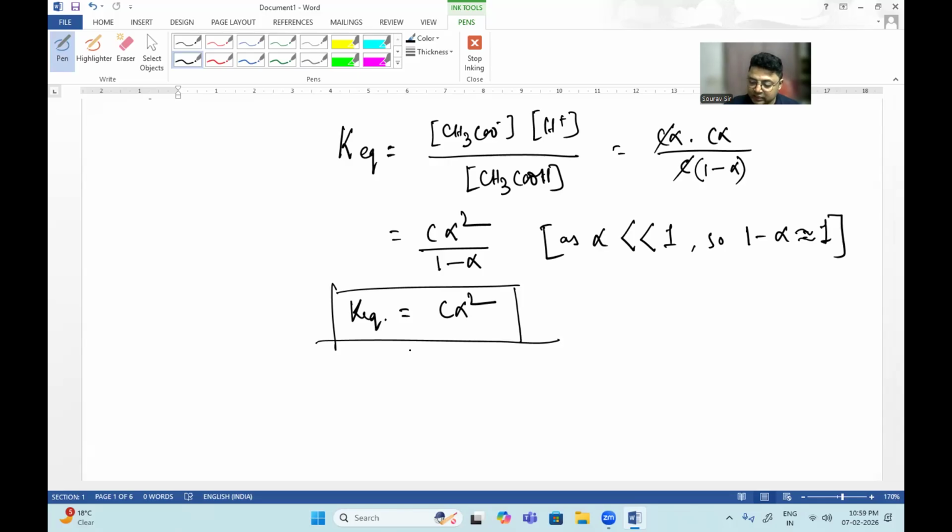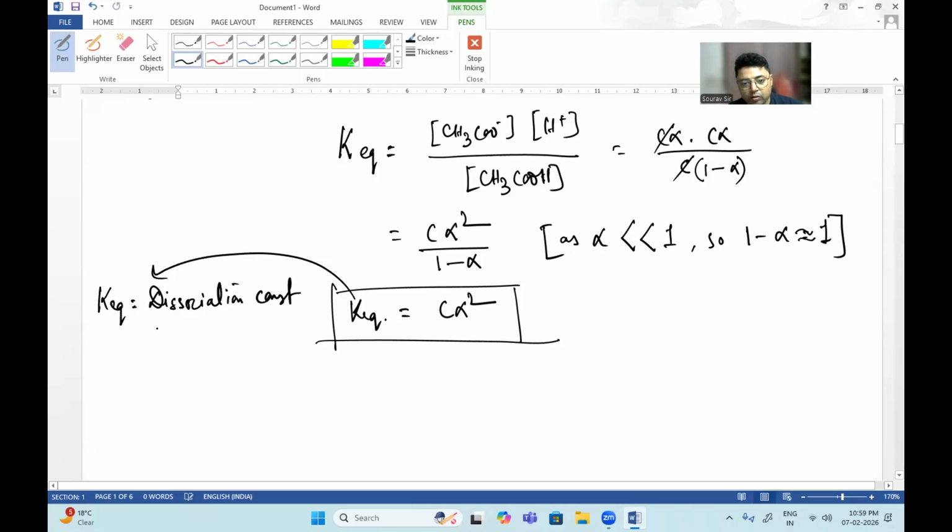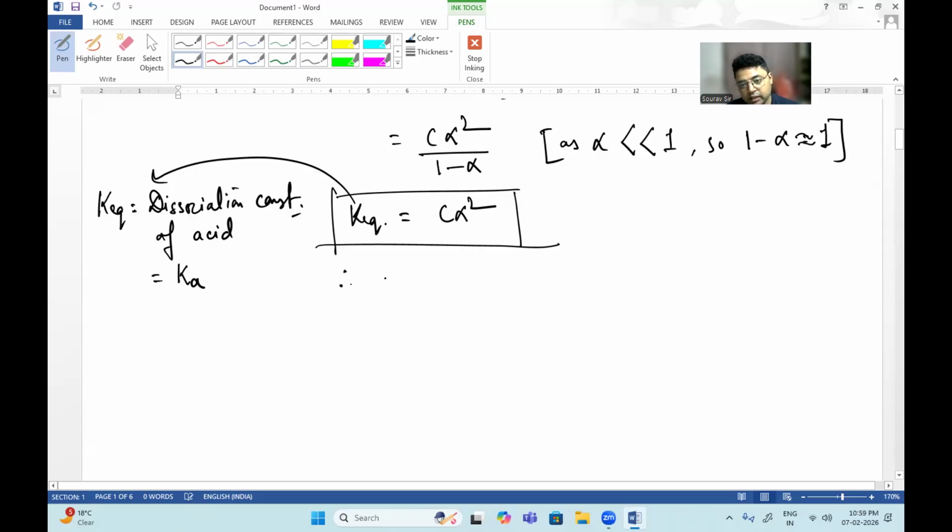Keq will now become the dissociation constant of the acid, and Keq will transform itself as Ka. Understood? So we will write Ka is equal to C alpha square.